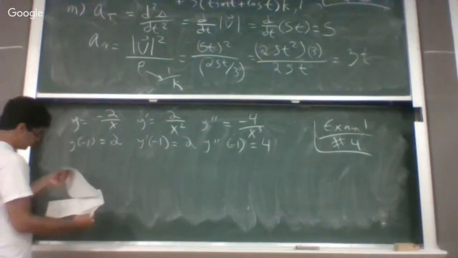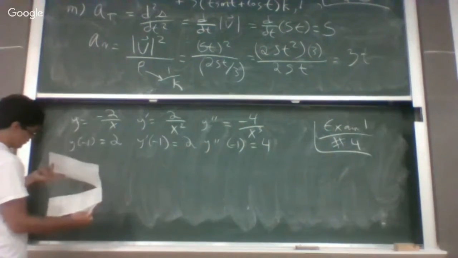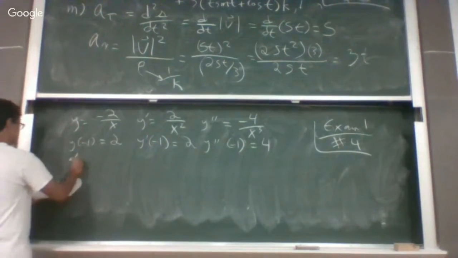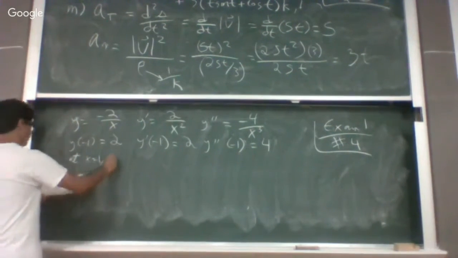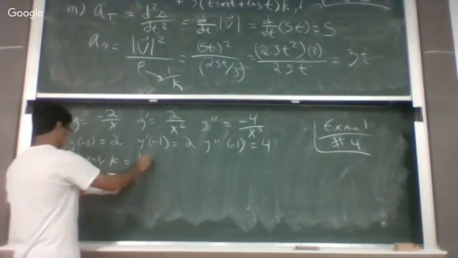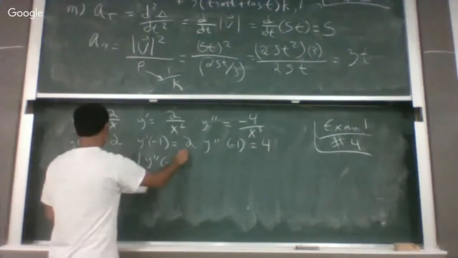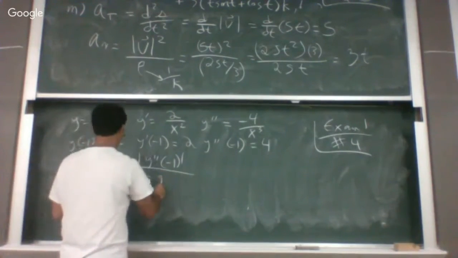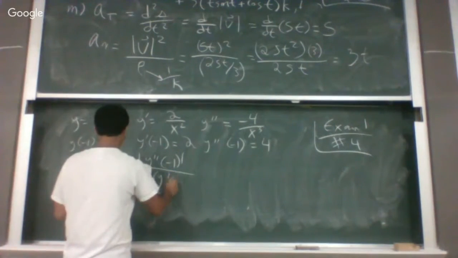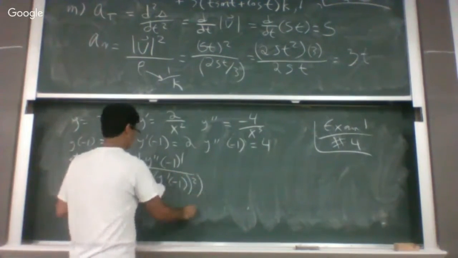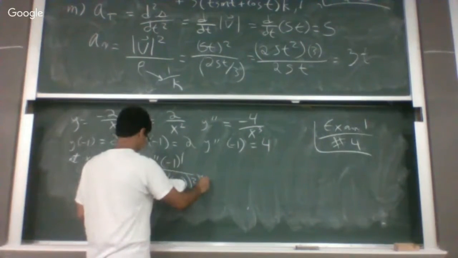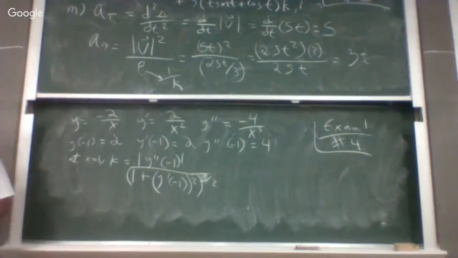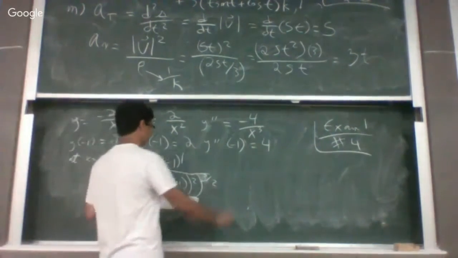Then we have to find k, and you do need to know the formula for k. At x equal to -1, k is equal to what? The magnitude of y double prime over 1 plus the quantity y prime of -1 squared, and that entire denominator to the 3/2. Sorry, 3/2. Okay. So that you do need to memorize.